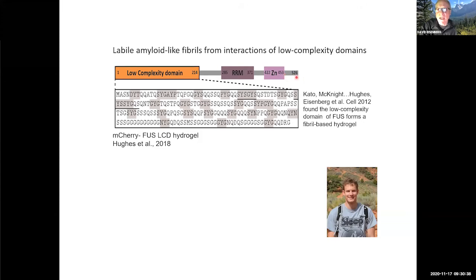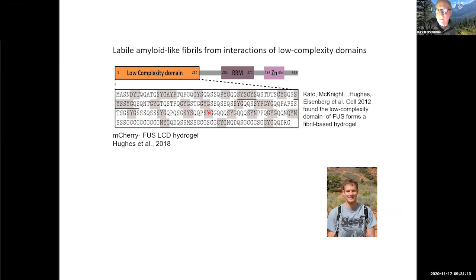It's a 526 residue protein, but the N-terminal domain is the so-called low complexity domain, in which there's a biased composition of amino acids. You see that there are many serines, glycines, glutamines here, but lots of other residues are missing of the 20 coded amino acids. And McKnight showed that this domain forms hydrogels and undergoes liquid-liquid phase separation.